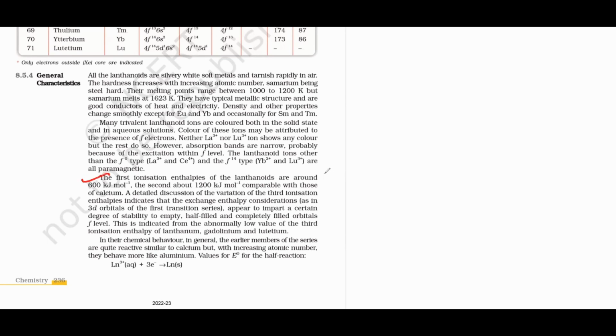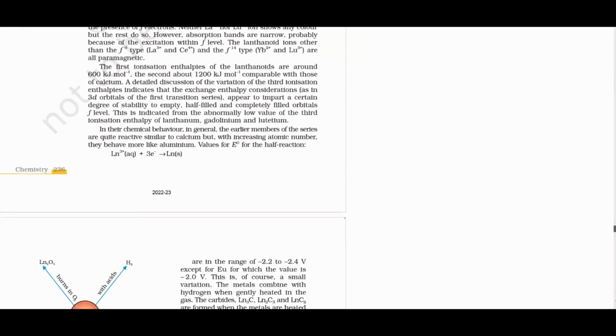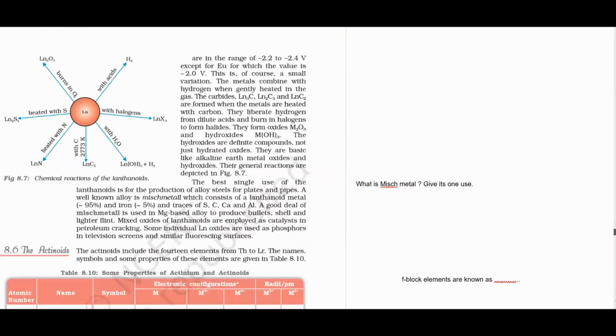And then the first ionization enthalpy of lanthanoids is around that of calcium. This is again a very important point. Basic nature of lanthanoid hydroxides resembles that of alkaline earth metal hydroxides. So we have an important question in this paragraph.